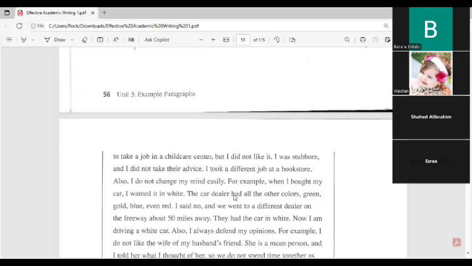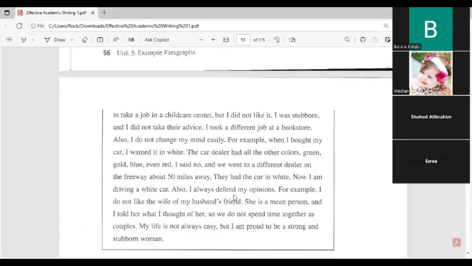I said no, and we went to a different dealer on the freeway about 50 miles away. They had the car in white. Now I am driving a white car.